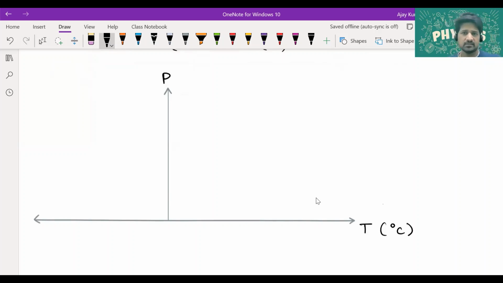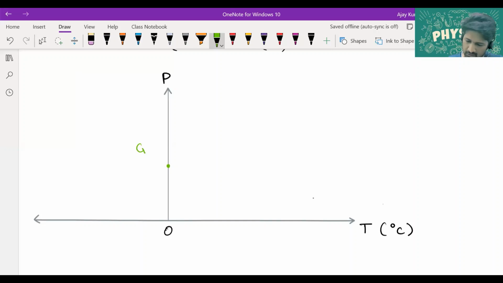Now, when temperature is zero on the Celsius scale, that's basically the melting point of ice. 0 degree C is practically possible. We observe that in daily life also. In fact, negative temperatures in Celsius scale are also quite common in daily life. So even when the temperature is 0 degrees C, there was found to be some pressure in the gas. So the graph starts from here.